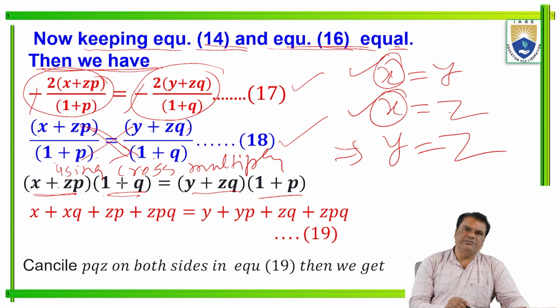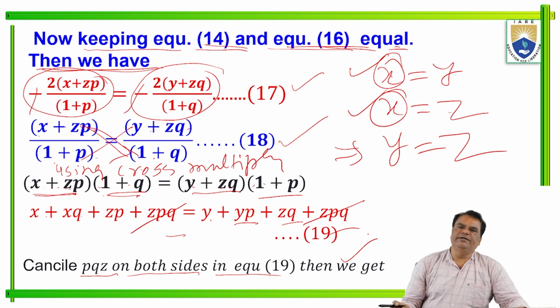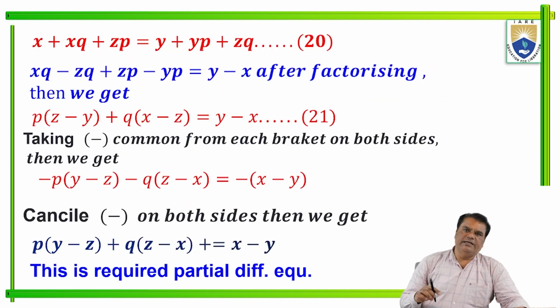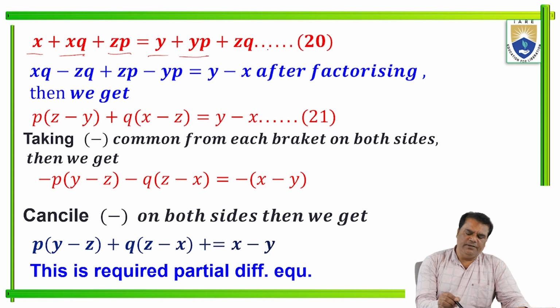Multiplying bracket by bracket: x plus xq plus zp plus zpq equals y plus yp plus zq plus zpq. Now zpq cancels on both sides in equation 19. After cancelling zpq on both sides, we get x plus xq plus zp equals y plus yp plus zq.